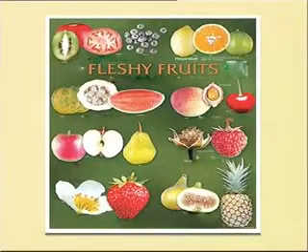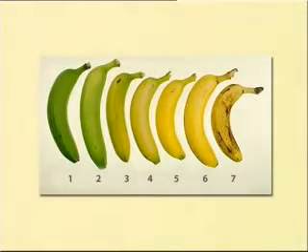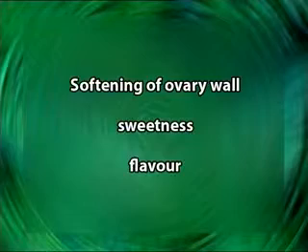Ripening in fleshy fruits is designed to make the fruit appealing to animals that eat the fruit as a means for seed dispersal. Ripening involves a complex series of events: a change in color, softening of the ovary wall, and changes in sweetness and flavor, which makes fruits both tasty and attractive to eat.